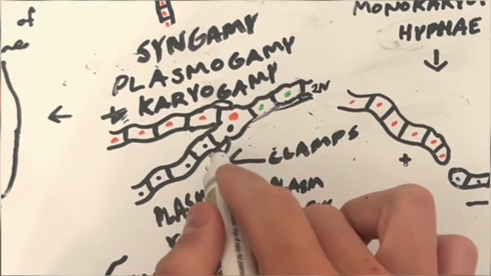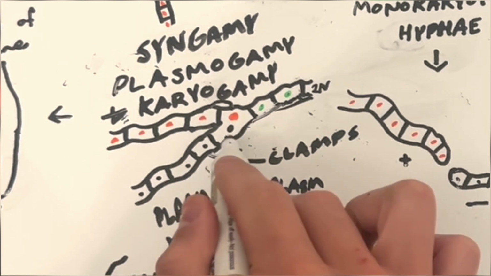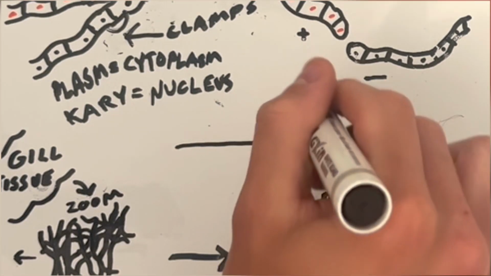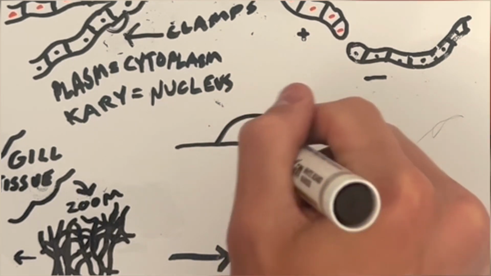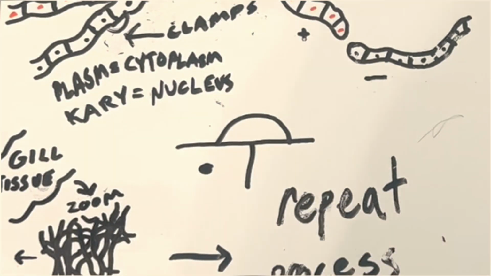The reason this all happens is as they come together, they'll form these little bodies called clamps.